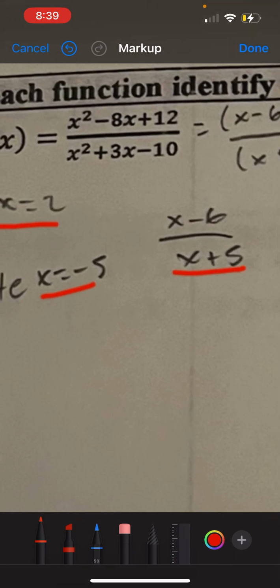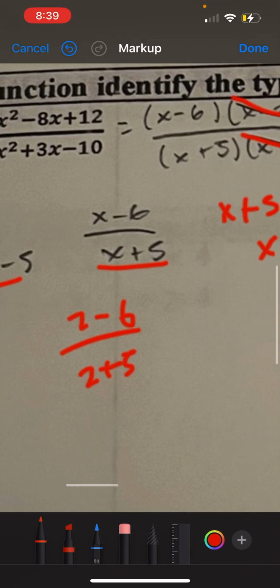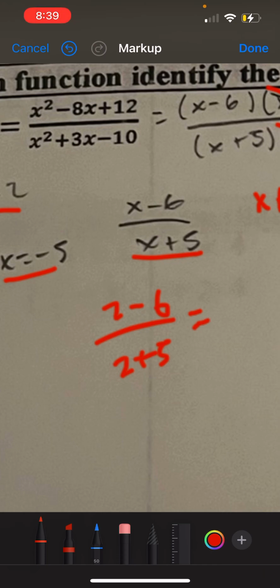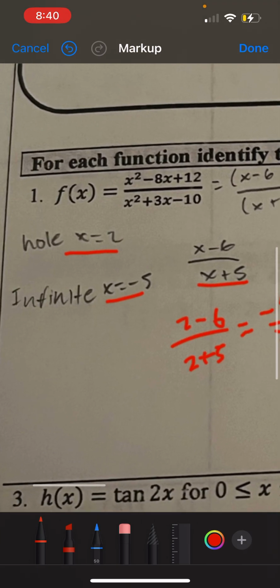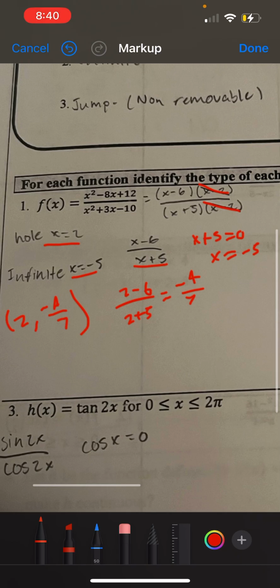So it would look something like 2 minus 6 over 2 plus 5, right? And that would give you negative 4 over 7, right? So the hole would be at exactly 2, negative 4/7, right? So that's number 1.